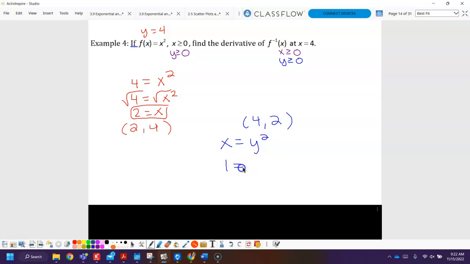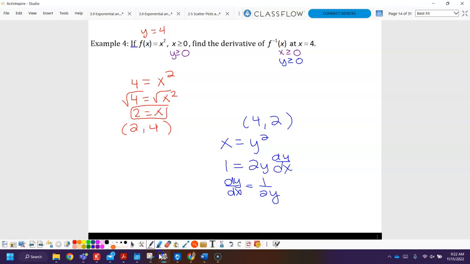So derivative of x is 1, derivative of y squared is 2y dy/dx. So dy/dx equals 1 over 2y. So in this case, it's 1 over 2 times 2.